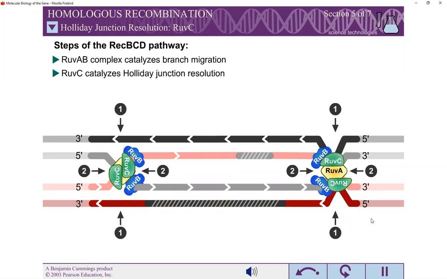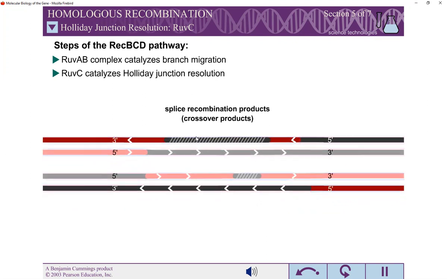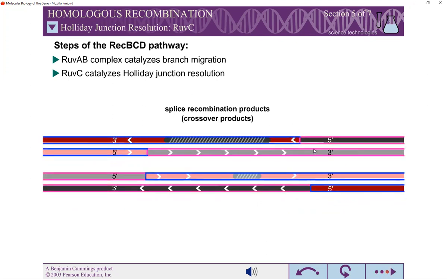Splice recombination products also result if the first junction is cleaved at site 2 and the second junction is cleaved at site 1. So these are the different products that have been obtained. I know the products obtained are much more complicated in this particular process, but you didn't have to worry. You didn't have to make the products.